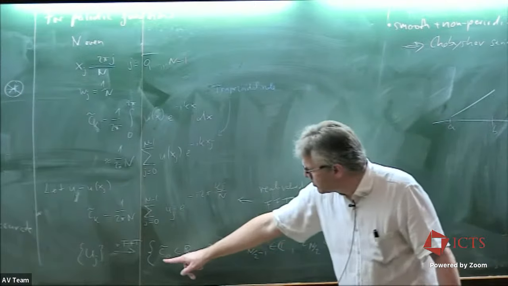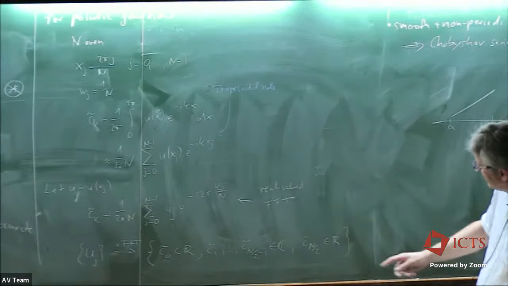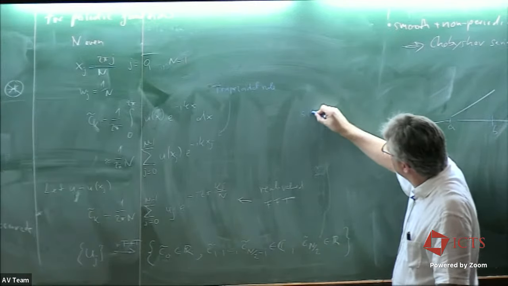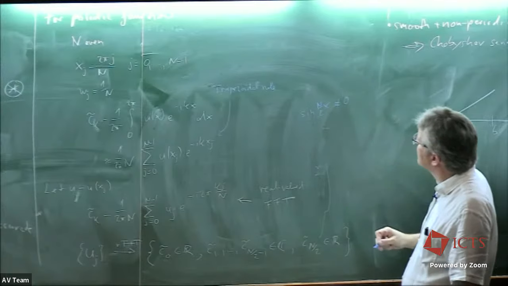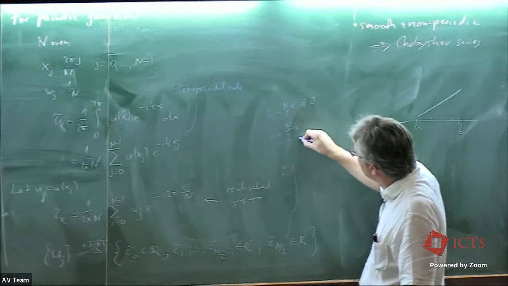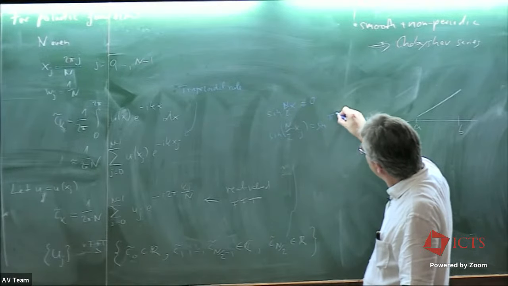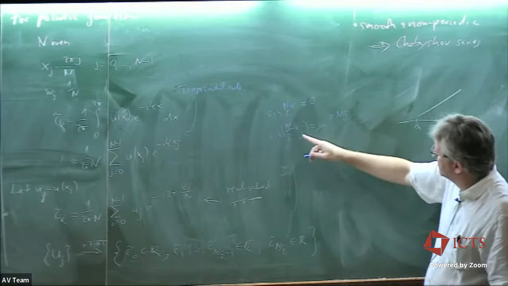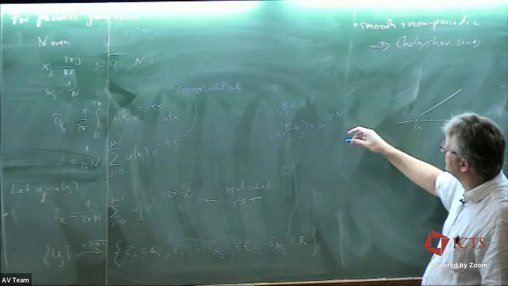The sine of 0 times x is 0, so we don't have to carry around a coefficient for it. The sine of n over 2 x is of course not 0, but the sine of n over 2 at our collocation points is sine of pi j, since xj is 2 pi j over n and the 2 cancels.